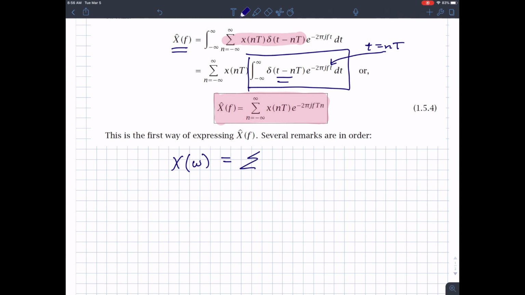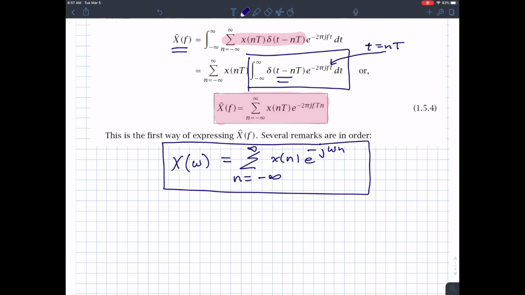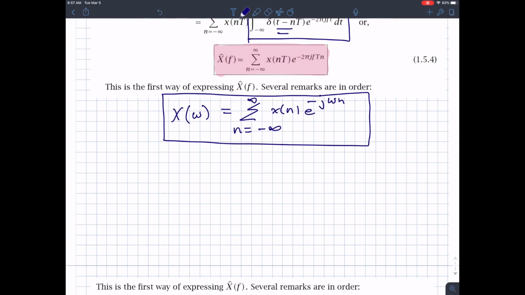The definition of the discrete time Fourier transform is the sum from n equals minus infinity to infinity of x(n), so we're dropping the sampling notation all the way, times e to the minus j omega n. So that's what I think of when someone talks about the discrete time Fourier transform. That is the definition.